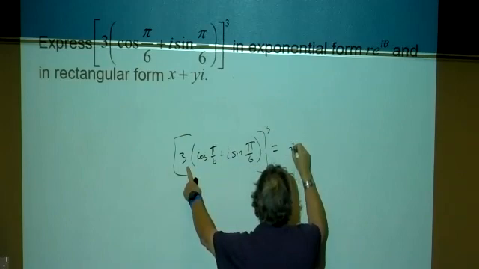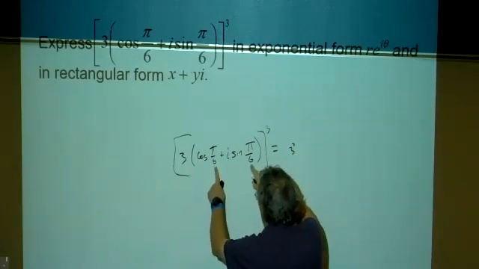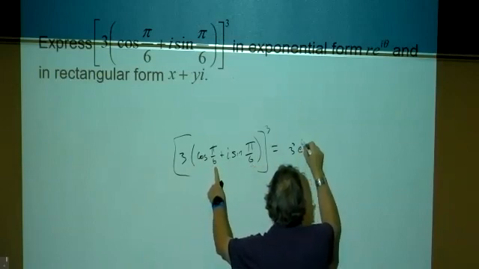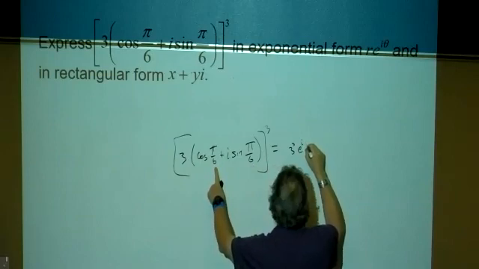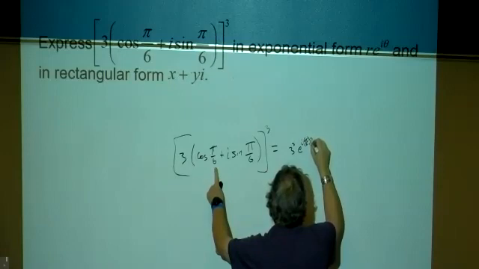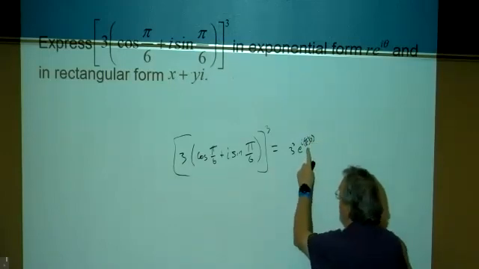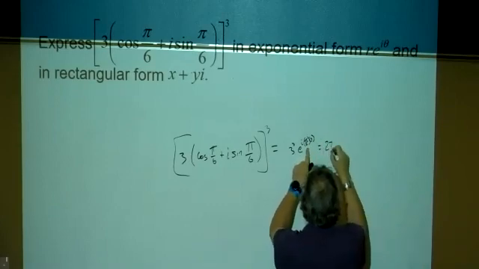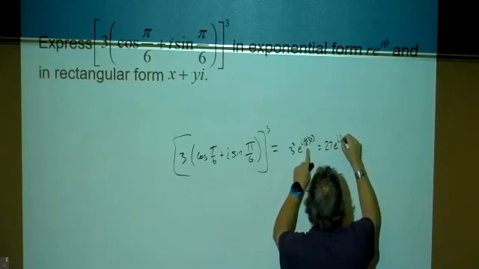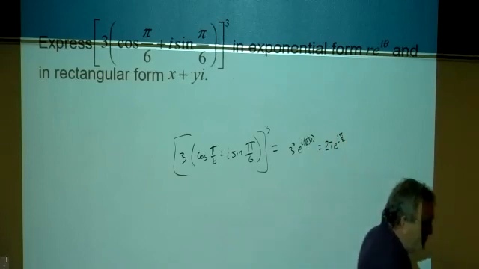So that's going to be 3 to the 3rd power. This is theta, so it's going to be e to the i pi over 6 times 3. So multiply 3 times that angle. And so 3 cubed is 27 e to the i pi over 2.